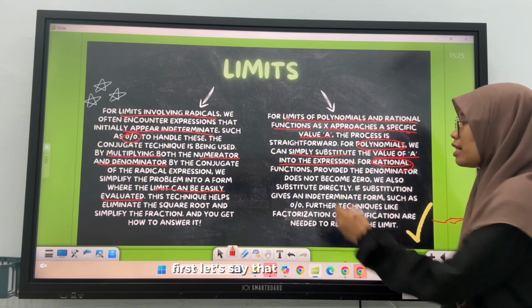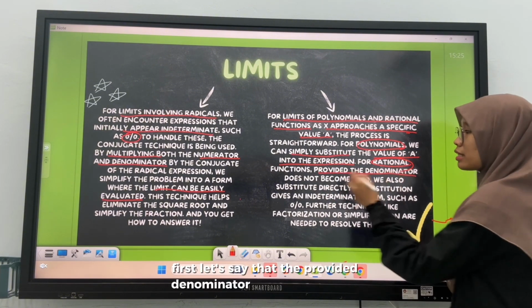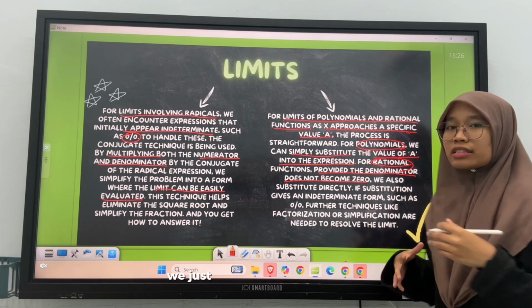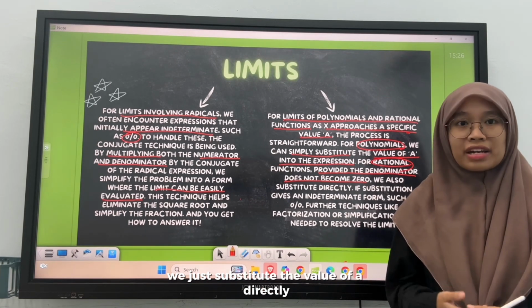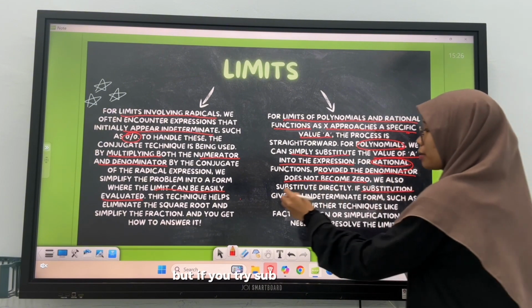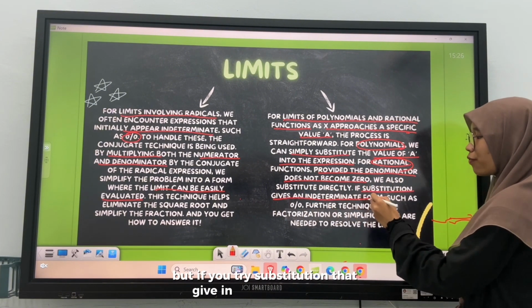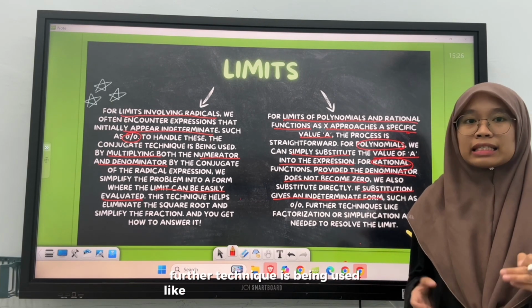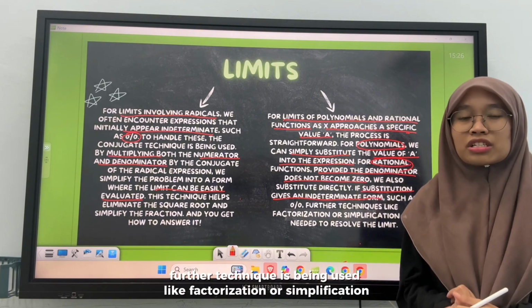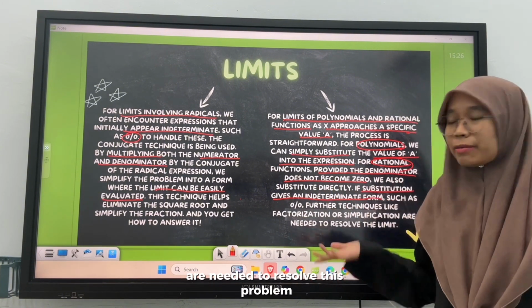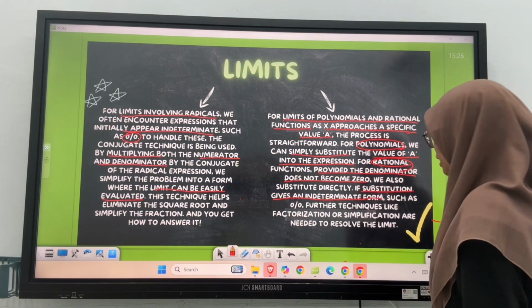First, if the denominator does not become 0, we just substitute the value of a directly. But if substitution gives an indeterminate form, which is 0 over 0, a further technique like factorization or simplification is needed to resolve this problem.